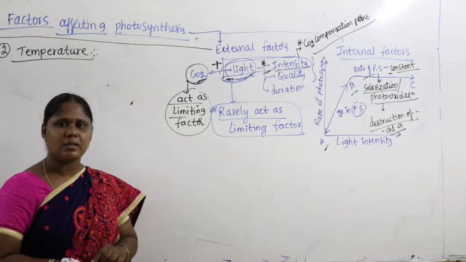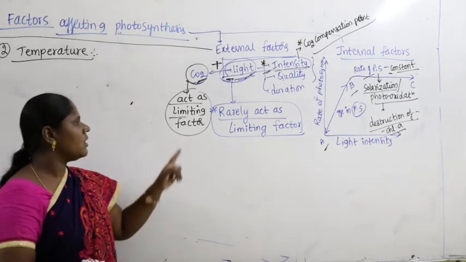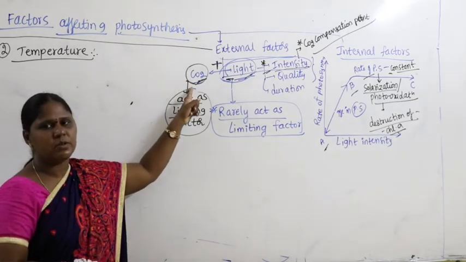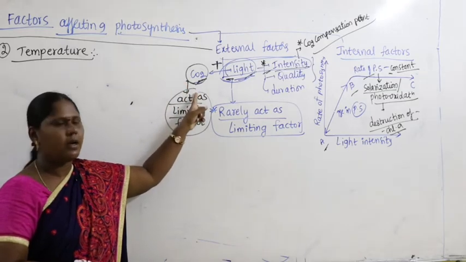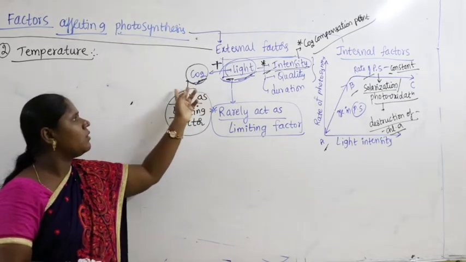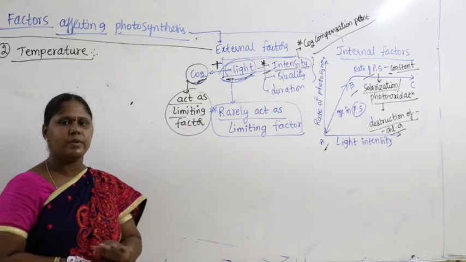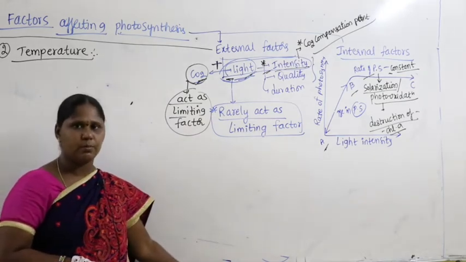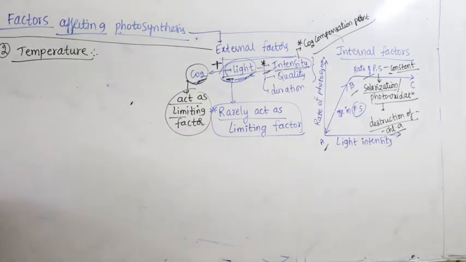That means for a decline in photosynthesis in plants, the most common factor responsible is carbon dioxide. We will discuss this in the continuation of this topic. So where are we in external factors? We were discussing temperature, from the last class.